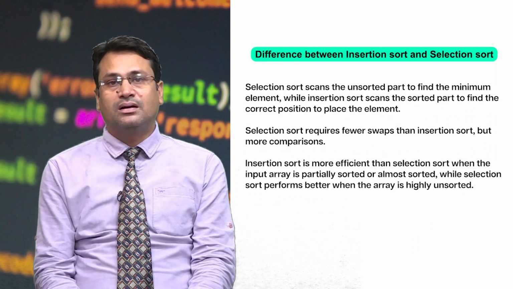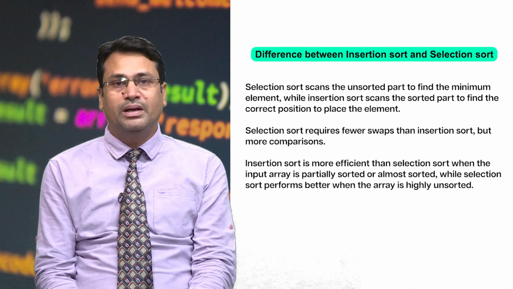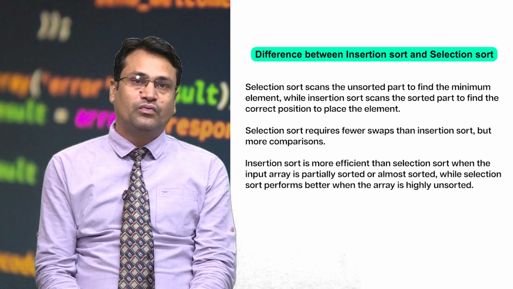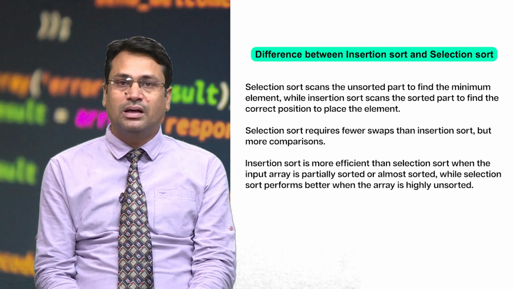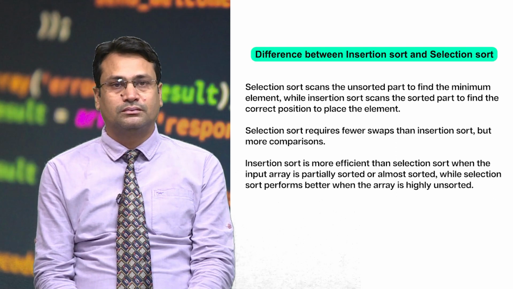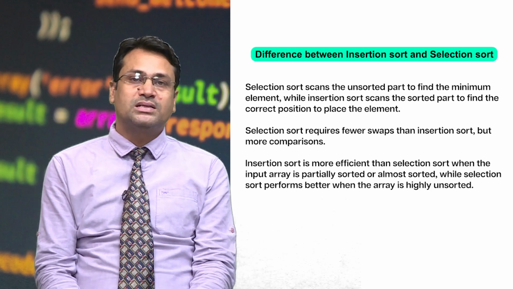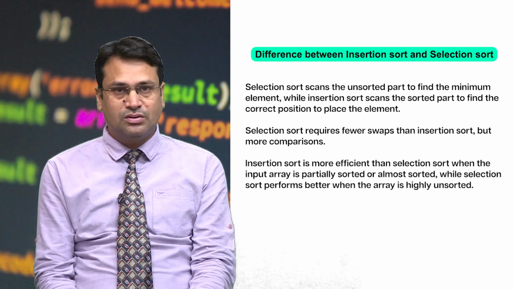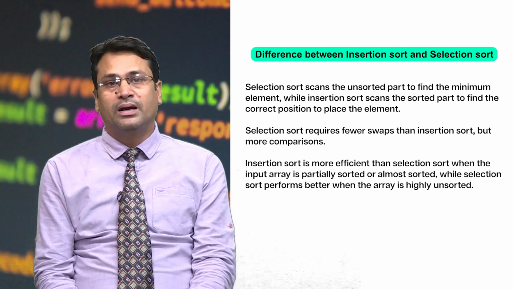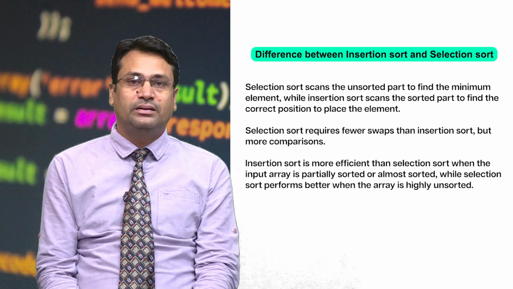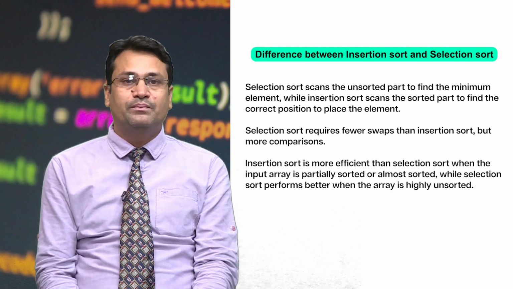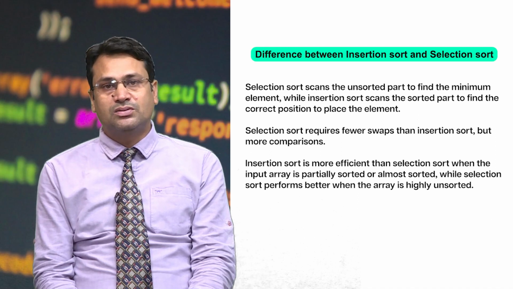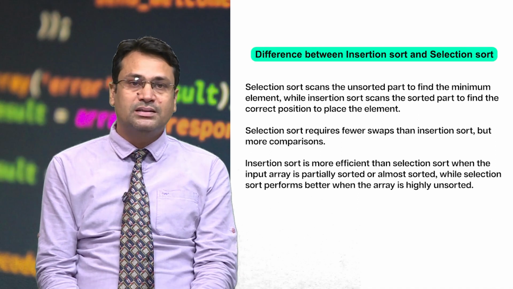Selection sort scans the unsorted part to find the minimum element, while insertion sort scans the sorted part to find the correct position to place the element. Selection sort requires fewer swaps than insertion sort, but more comparisons. Insertion sort is more efficient than selection sort when the input array is partially sorted or almost sorted, while selection sort performs better when the array is highly unsorted.